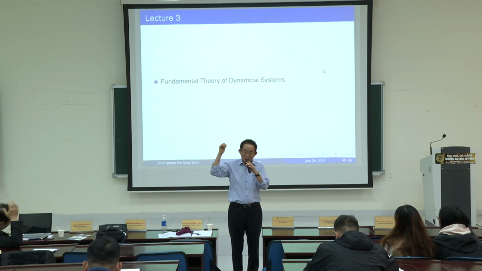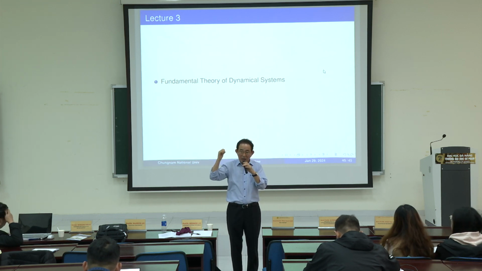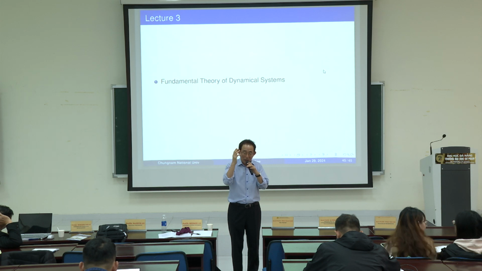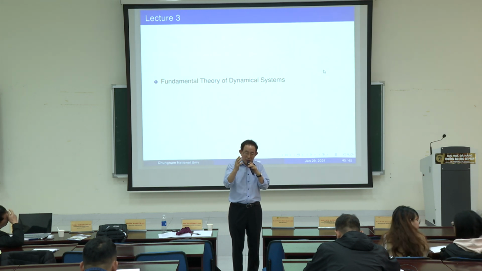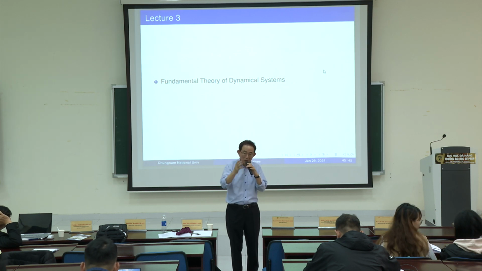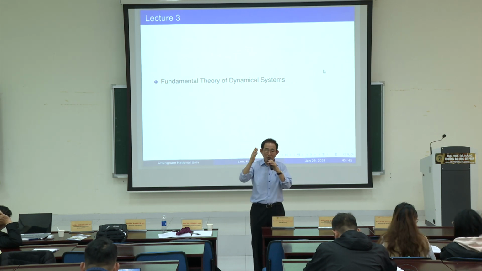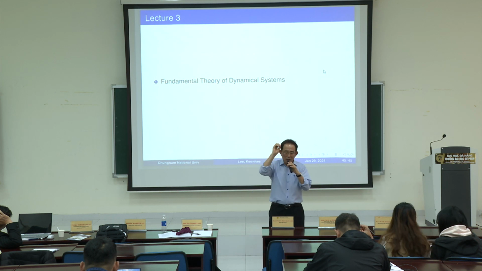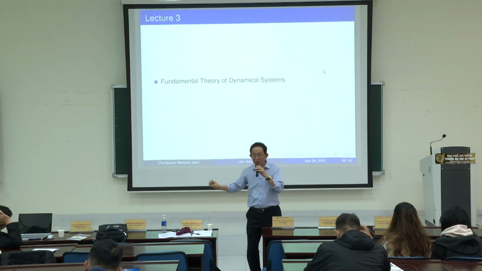Dynamical system in the Oxford Math Institute, I already gave you the definition. If you visit the website, there is a common sense definition of dynamical system. So the conclusion is this: the notion of dynamical system is not unique.